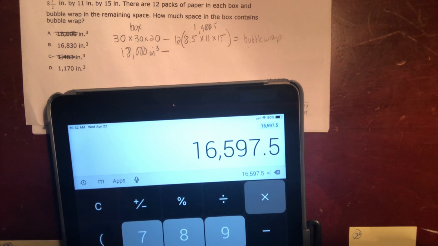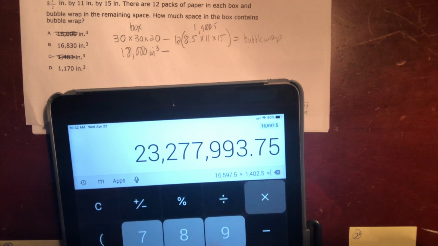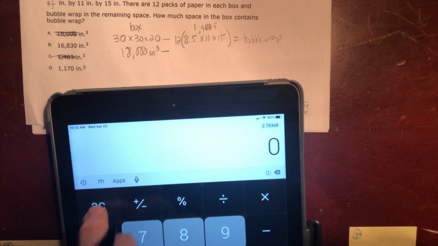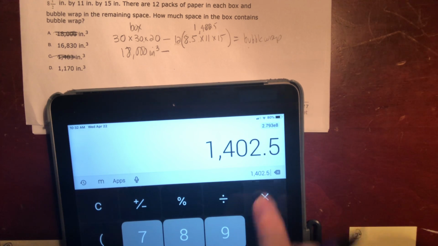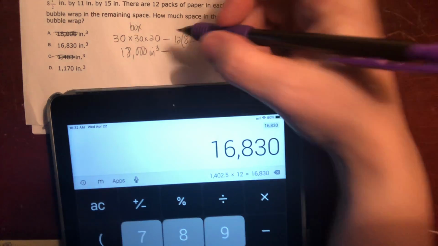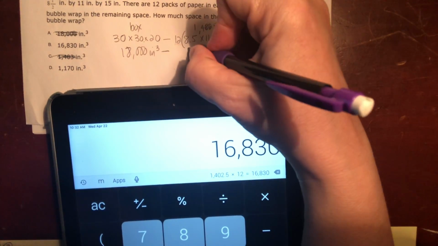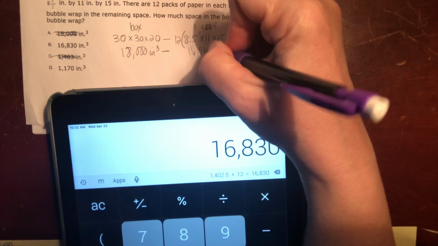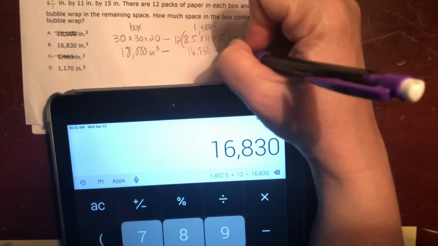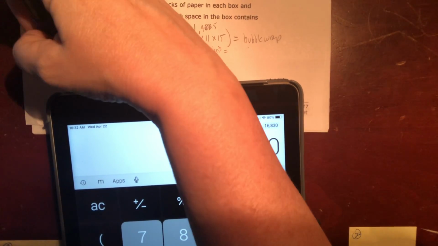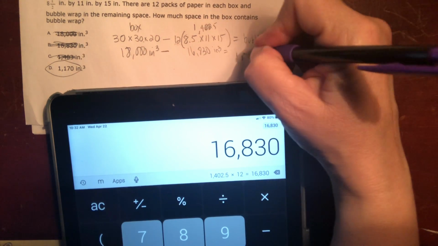So what we need to do is 1402.5 times 12. And we get this number, but that is not the answer. So the answer must be D.